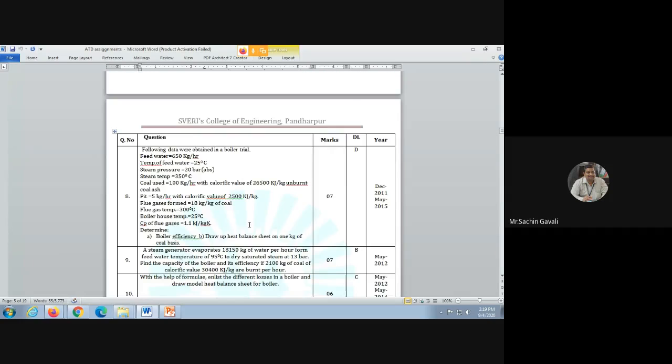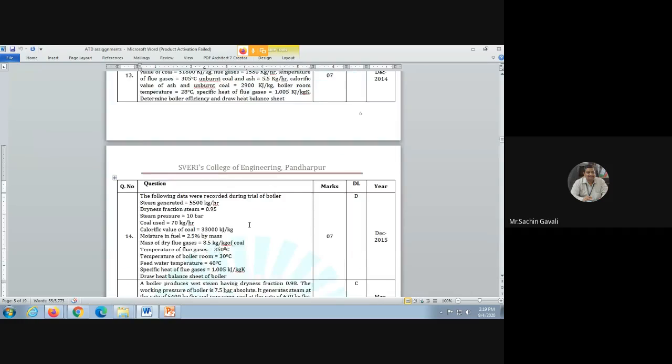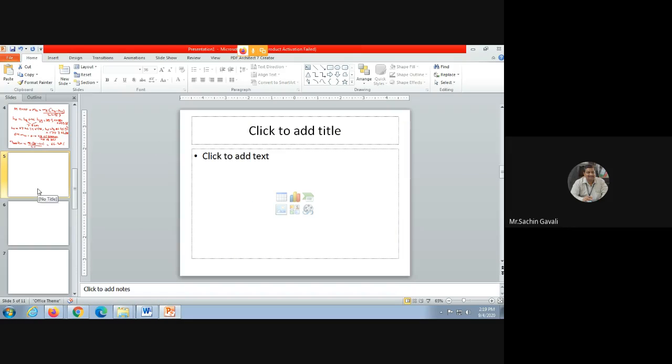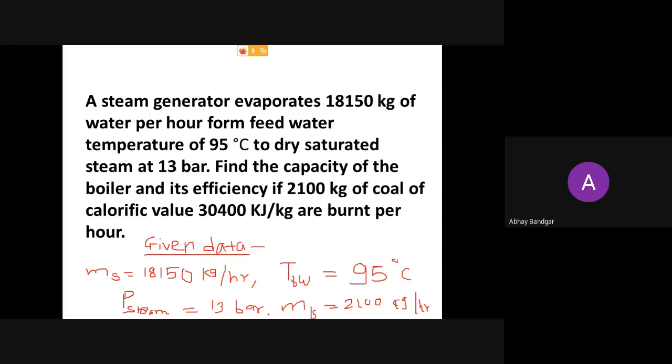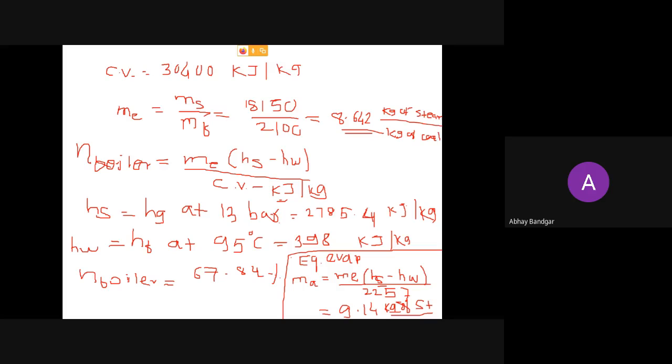Okay, so shall I give one more on superheated steam? Write down the numerical. Abhay Bandgar, anybody? Abhay Bandgar, unmute if you want to tell something.